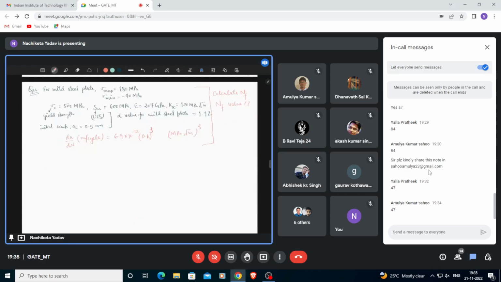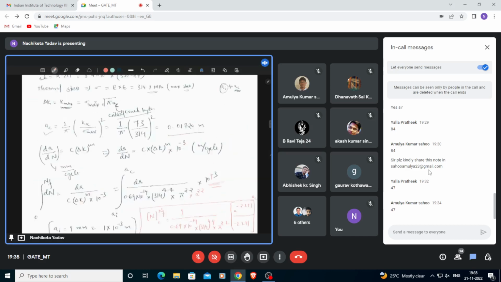This is for a mild steel plate, and here we have to calculate the same thing. Can you solve it? And here the M value is given.